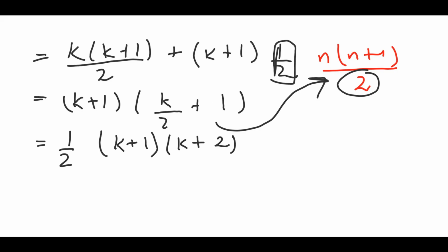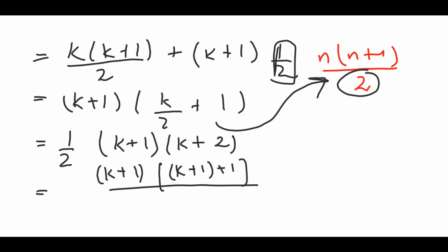So you get 1 by 2 k plus 1 k plus 2, and when we simplify it further, you're going to be adding your other brackets here. You're going to be getting k plus 1 plus 1 over 2.